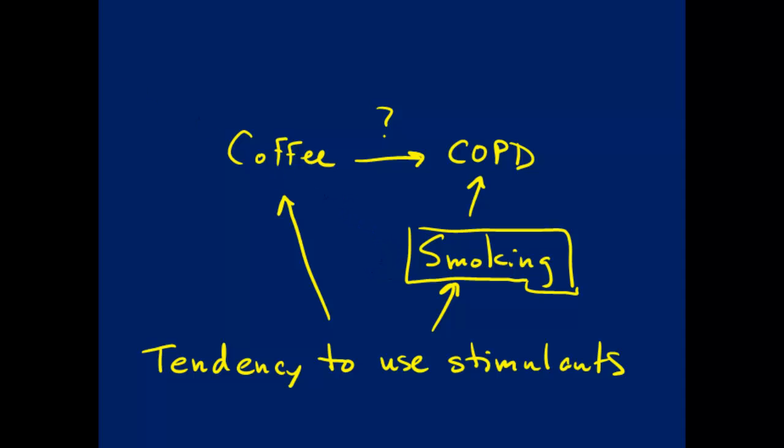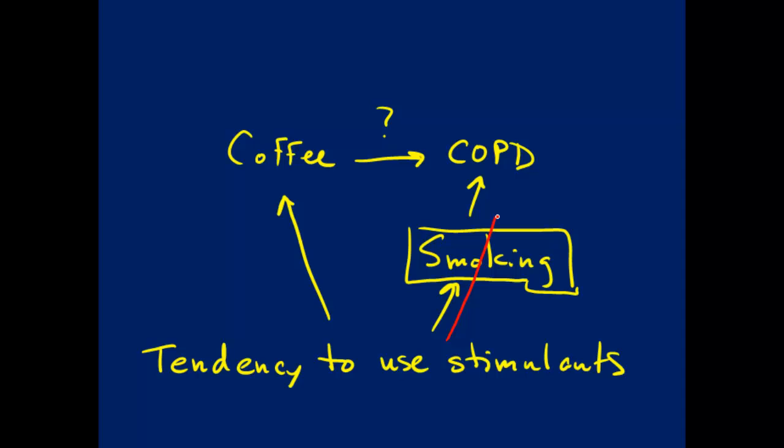Now, beyond this, in terms of this tendency to use stimulants and its effects on COPD, we're making the claim that all of the effects of this variable on COPD are operating through two pathways.